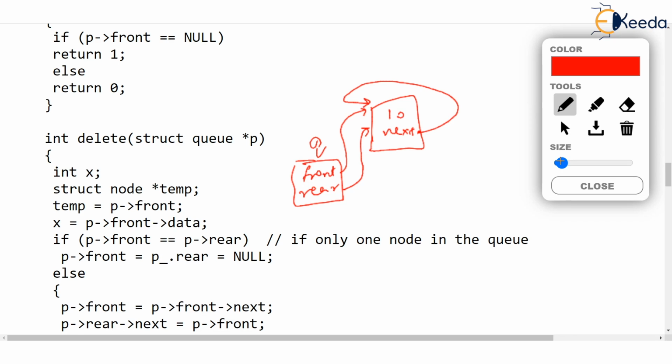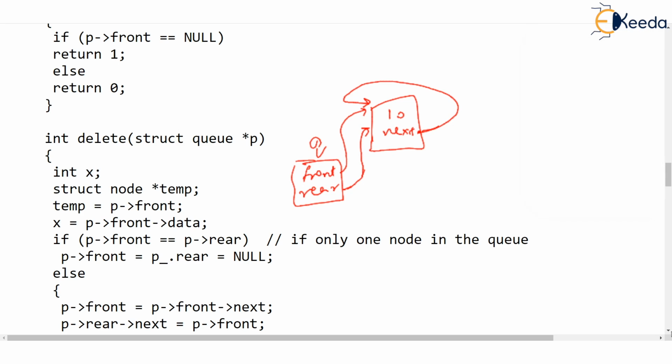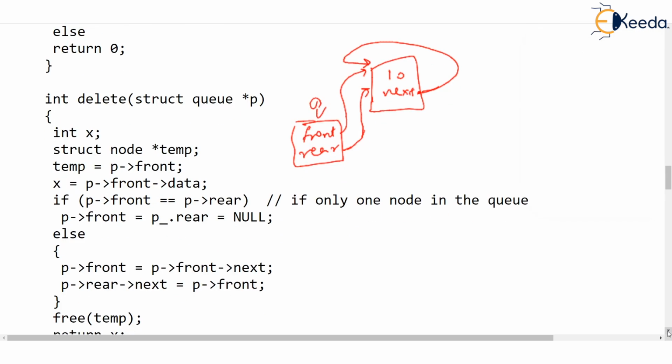What if there was 10 and there was 20? Then 20's next will point to 10 because 10 is the frontmost. But now we have only one node. So the next of this 10 will point back to itself. This is the circular queue. To handle this situation, we need that if to handle this. Suppose we call delete with the address of the queue stored in p.